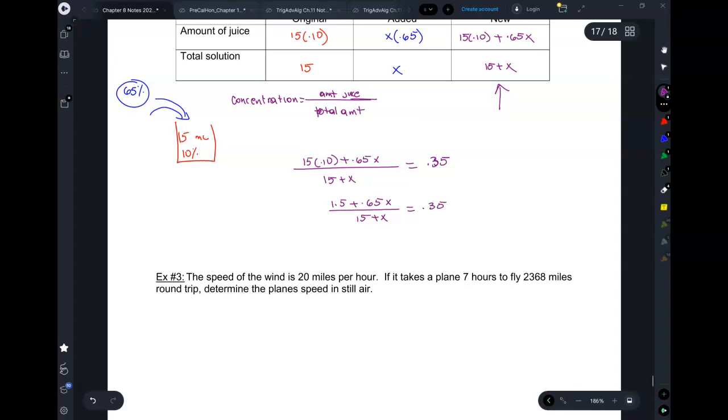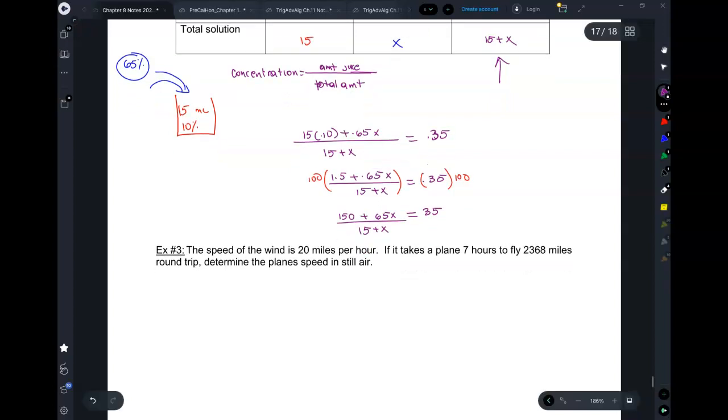Okay, so now there are a couple of ways that you can do this. One way is you can multiply through by 100 and get rid of the decimals. Because the most amount of decimals you have is 2, you can multiply this by 100 and you can multiply this by 100. So what you get is 150 plus 65x is equal to 35 over this. Okay, so how are we going to solve this?